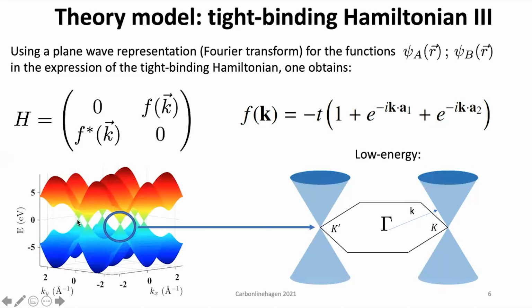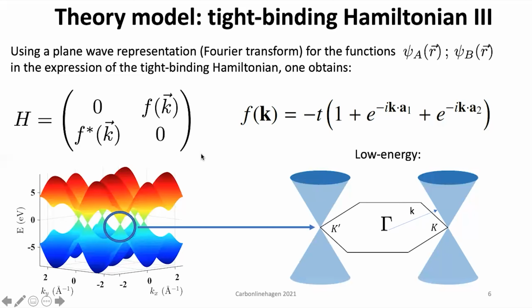Now, something peculiar about this band structure is that the valence and the conduction band touch each other at a number of discrete points. In particular, in this case, I drew 6 points, but there are 2 of them that are distinguishable. That means they are not connected by any reciprocal lattice vector, while the others can be connected with these 2 via reciprocal lattice vectors.